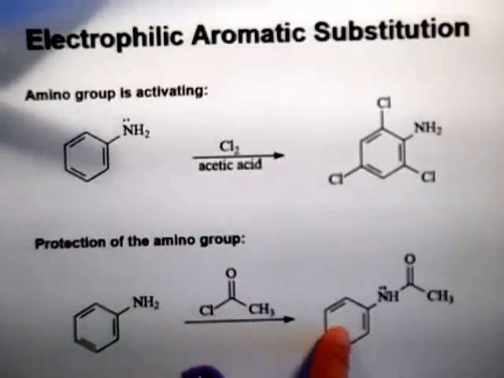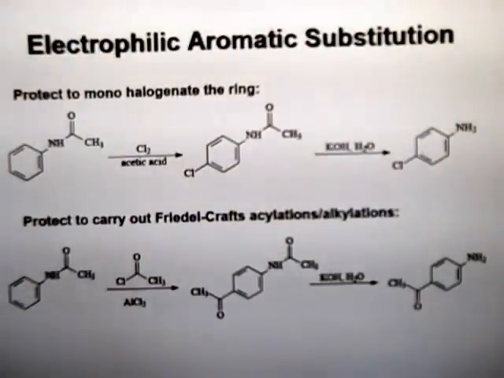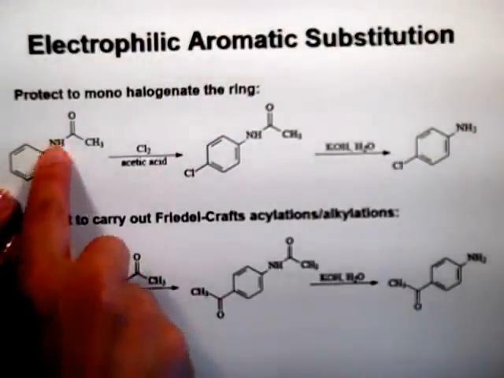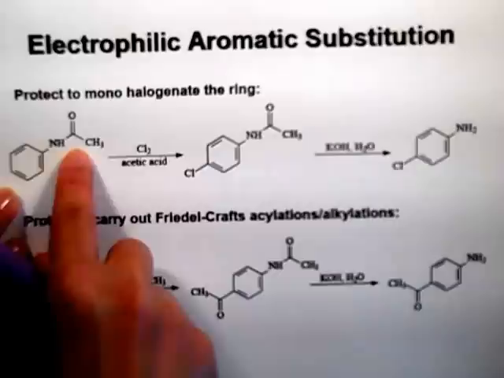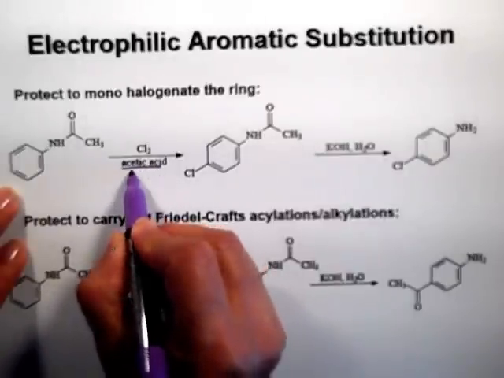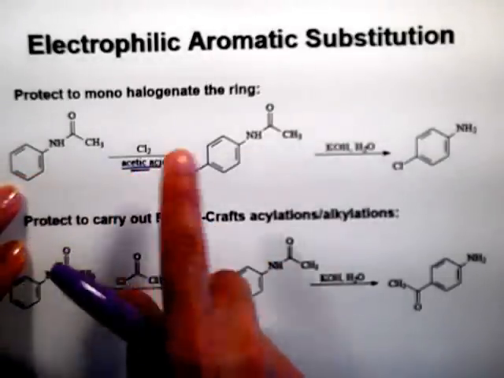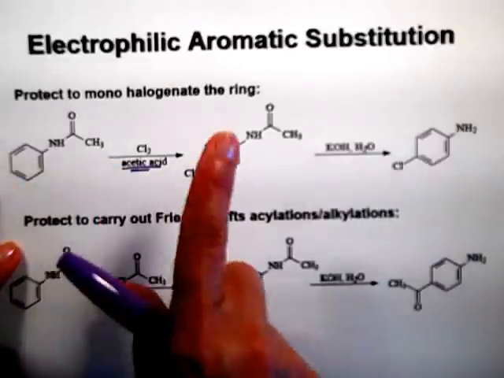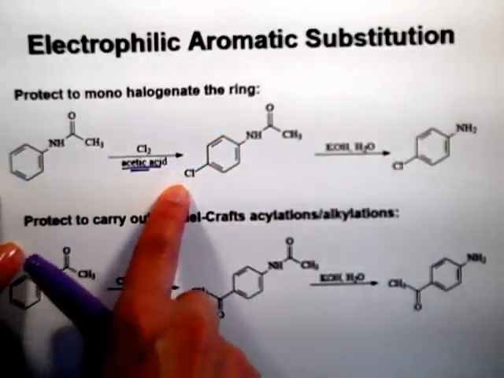So let's do a reaction with this. Let's put something on the ring. So I'm going to take my amide and I'm going to chlorinate it. Notice I still have an activated benzene ring because I don't need the iron trichloride to carry out the reaction. But instead of putting 3 chloride ions on, I put only 1 of them.